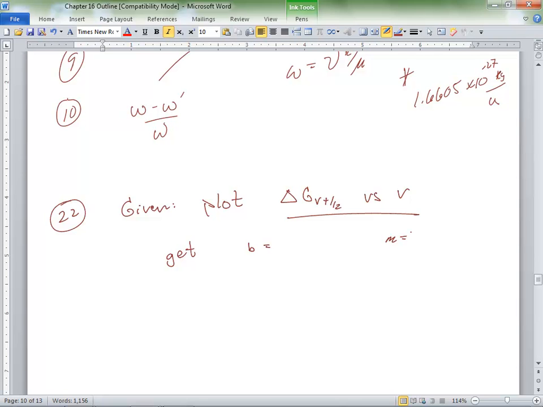It's linear, slope and y-intercept, right? So the y-intercept, little b, is 2885.6 wave numbers, and the slope is negative 104.1. 2885.6 wave numbers is the y-intercept.